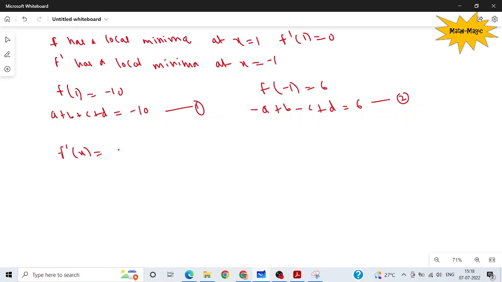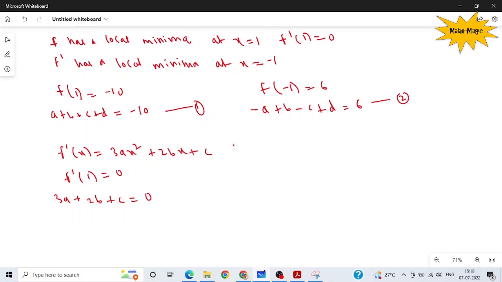F dash of x is 3a x square plus 2bx plus c. Now we know that f dash of 1 is equal to 0. So f dash of 1 is going to be 3a plus 2b plus c, and this is equal to 0.